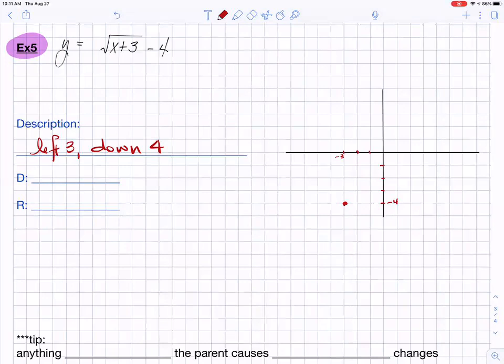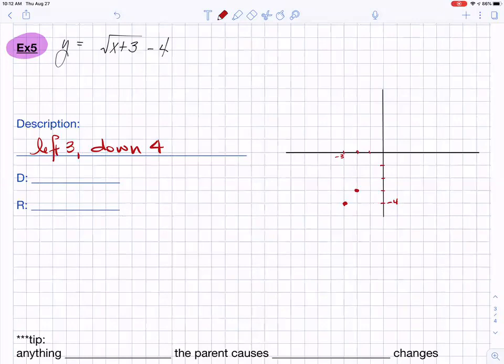Now remember from the library, from the origin, didn't you go to the right 1 and up 1? Then from our new origin, let's go to the right 1 and let's go up 1. There are multiple ways I could show you how to do this. This is just a way that I'm showing you.